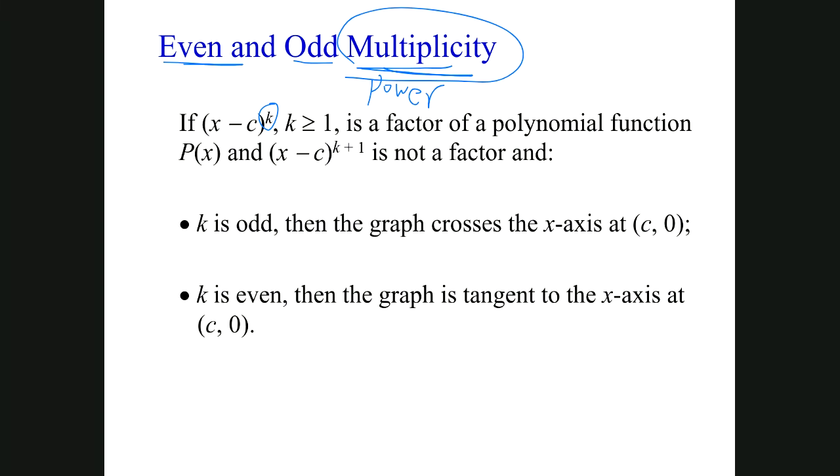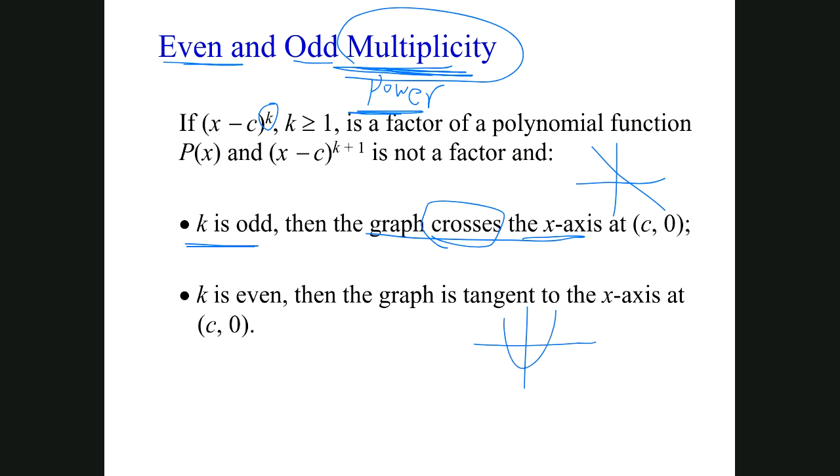Okay, so that is called the multiplicity in here. All right, so if k is odd, that means the graph is going to cross the x-axis. So what does cross mean? Well, cross means the y changes from positive to negative in here, right? So this is called crossing. Look at that. This is called crossing.